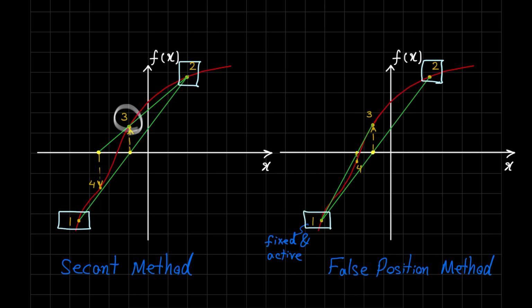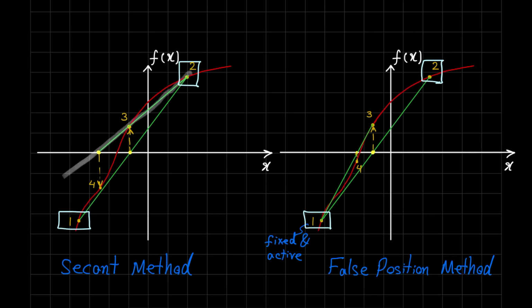So now we have this new point, and we compare this new point with the previous one. I emphasize, with the previous one. The previous point is point 2. So we draw the new secant line between point 2 and point 3, which is this one.